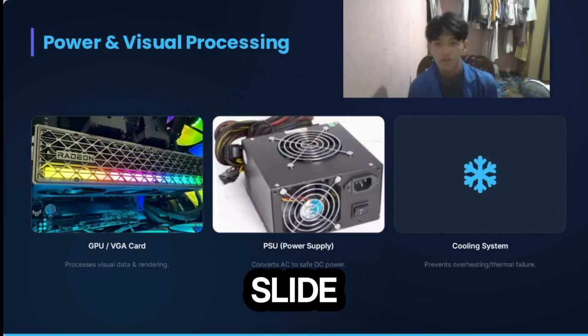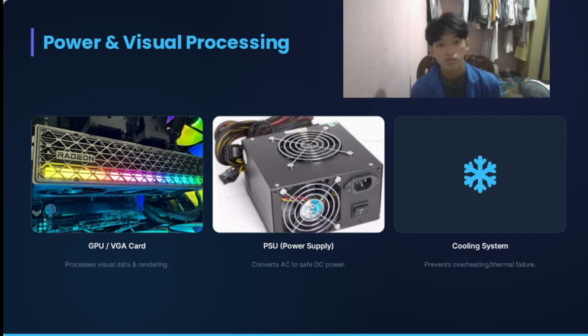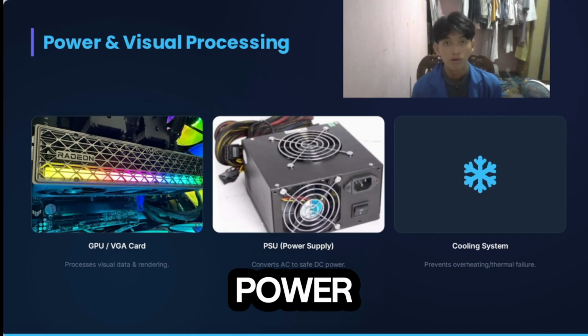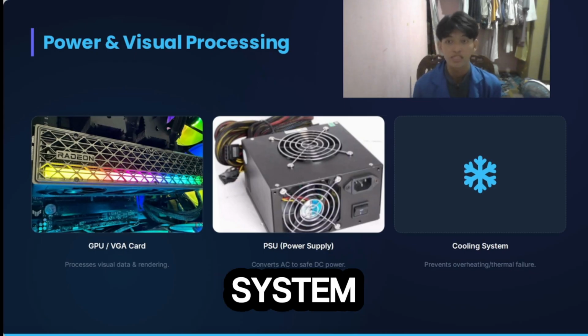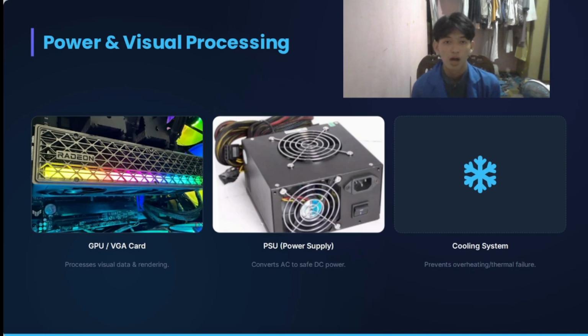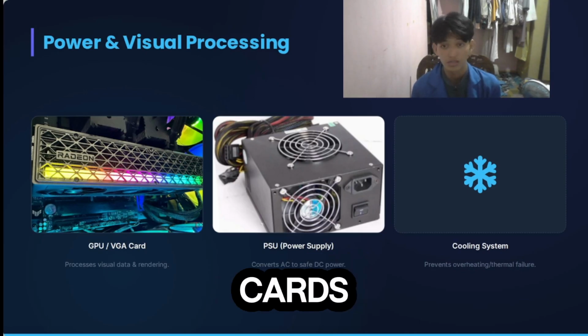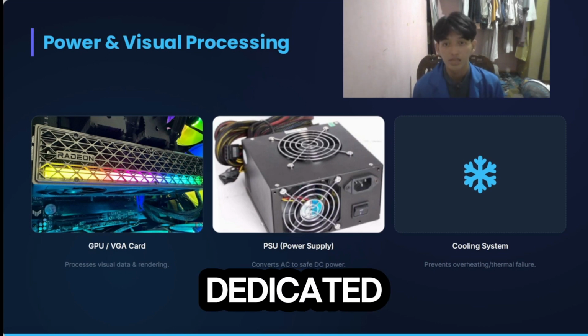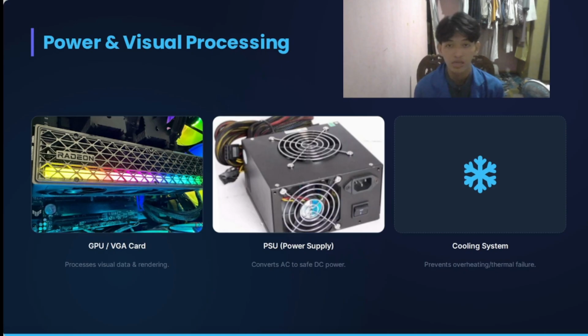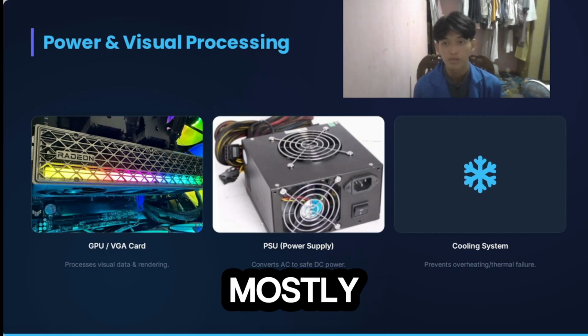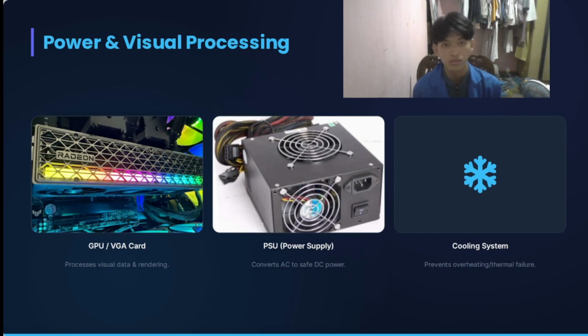Next, slide 10, power and visual processing. To support the system, we also need these vital components. One, the GPU or graphics card is dedicated solely to processing visual data and rendering images, mostly on your monitor.